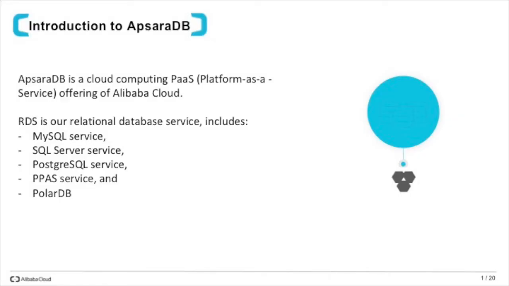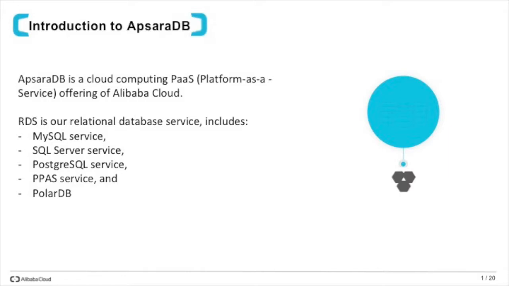First of all, I would like to explain that ApsaraDB is a cloud computing PaaS, platform as a service offering of Alibaba Cloud. It provides database functions as a service to customers. Users of this service can purchase, upgrade, and release resources as needed.